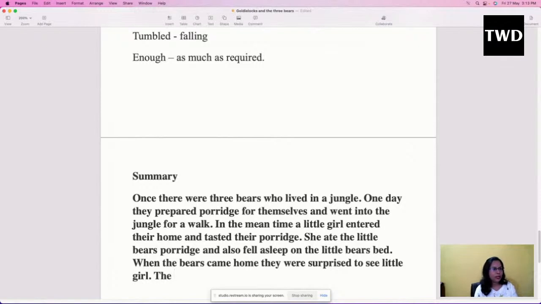If you want, you can include the name, and also you can include what all happened. Like she ate the porridge of the little bear, and then she tried sleeping in the beds of all the bears, and after that she found the little bear's bed to be comfortable, and she slept on that. So two or three more sentences you can include.